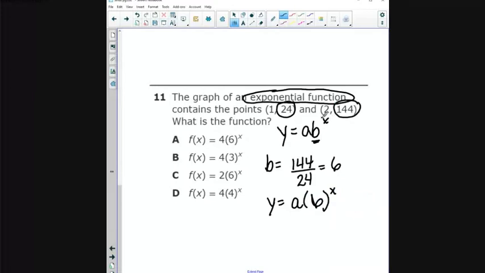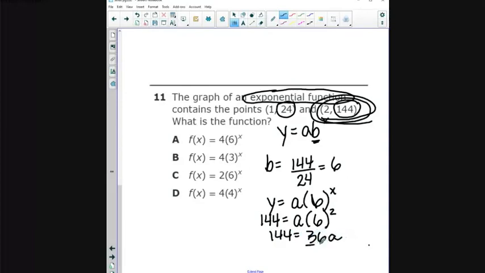For example, if we use the point (2, 144), then we would say 144 equals a times 6 squared. So here you would do 6 times 6, so you have 144 equals 36 times a. Divide both sides by 36. And what does a equal? Somebody figure it out. What does a equal?